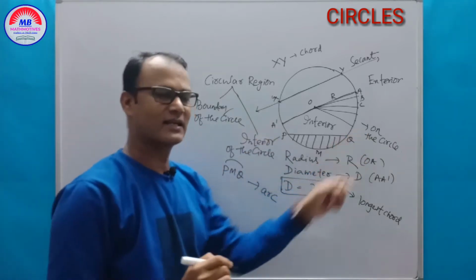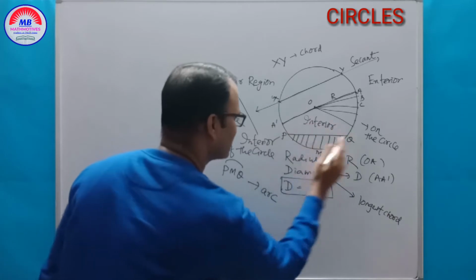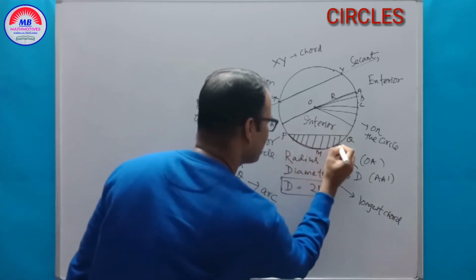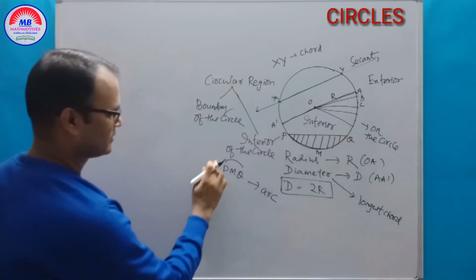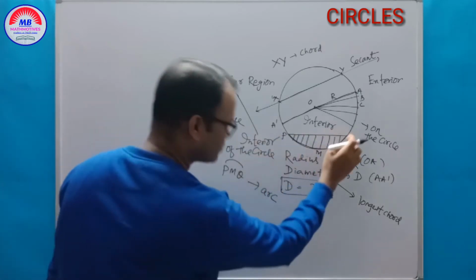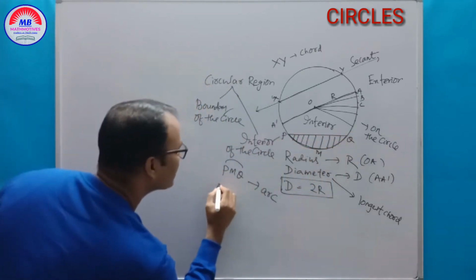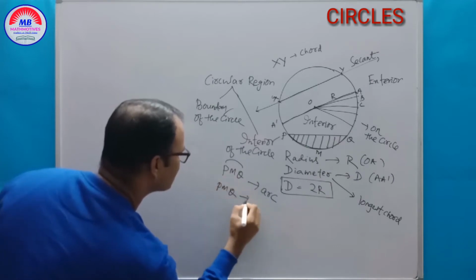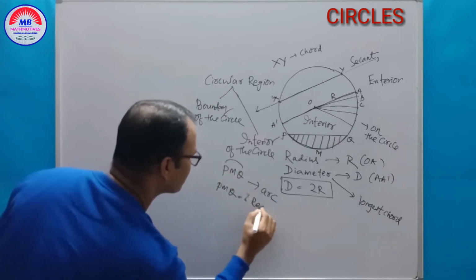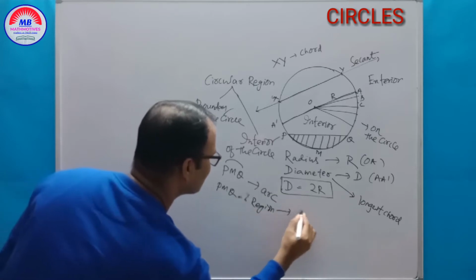PMQ is called an arc. This sign is an arc. But this total region, the PMQ region, is called a segment.